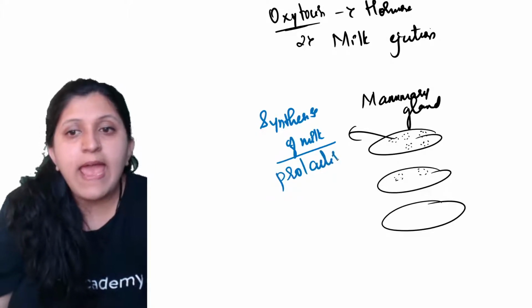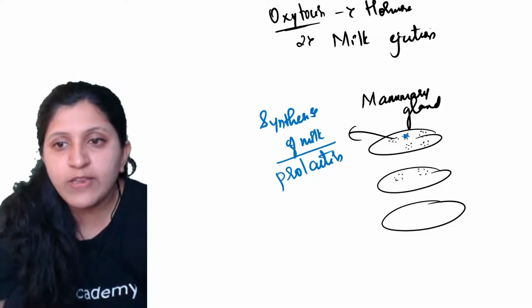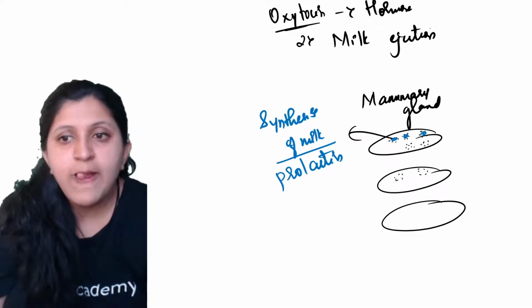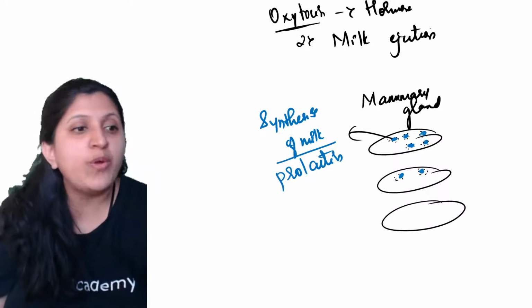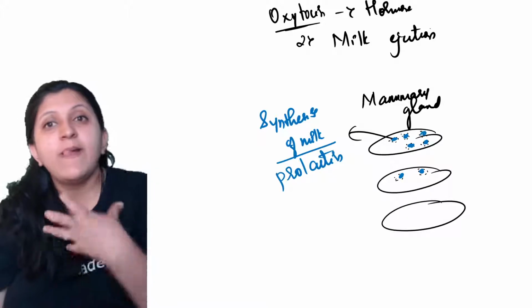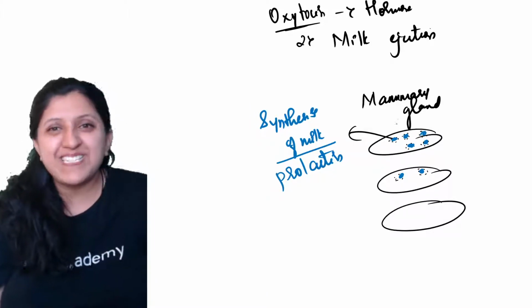Now let's say this blue color is the milk produced here at the alveoli. All this milk is stored in the alveoli of the mammary gland, not the ones present in the respiratory system.